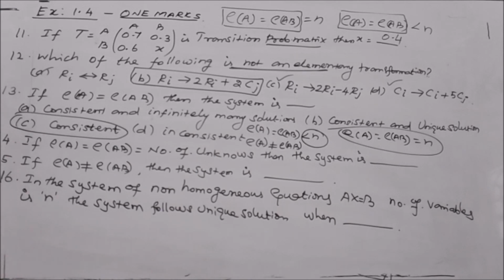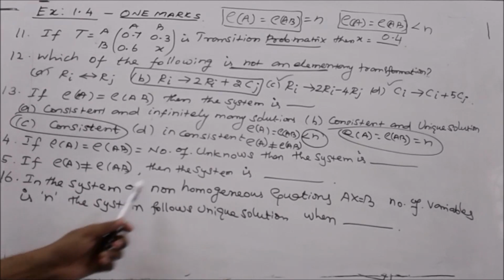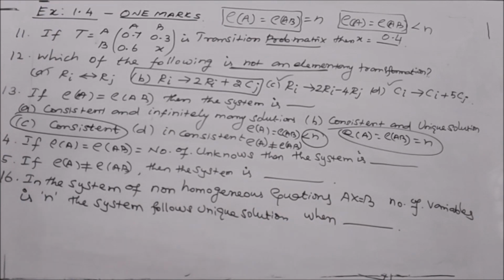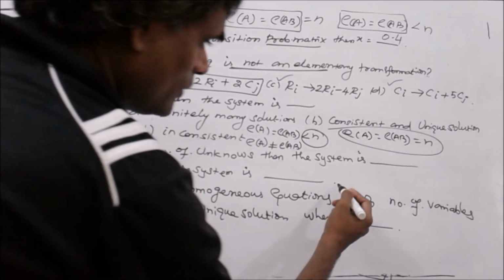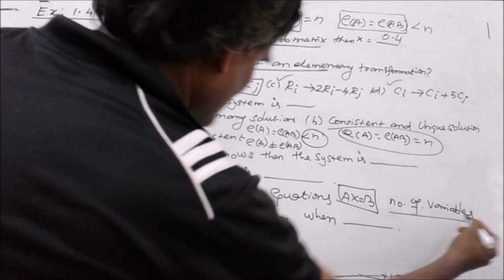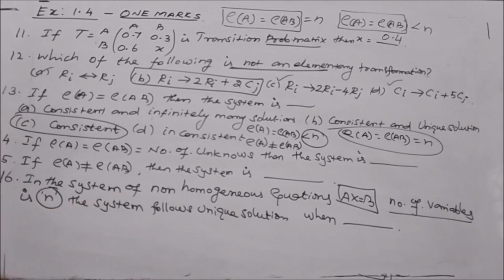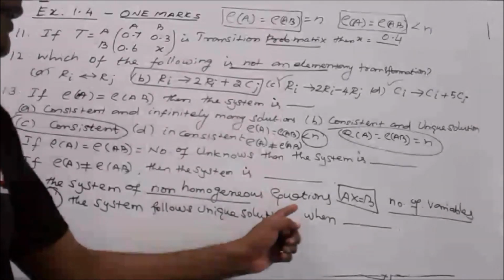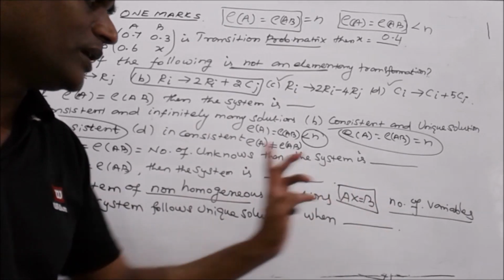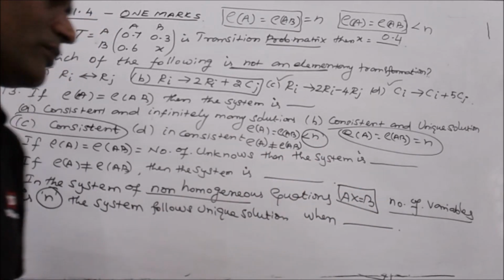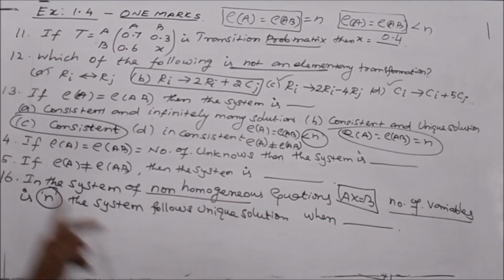And question number 16: the system of non-homogeneous equations is in the form Ax equal to B. In that case, the number of variables is n.